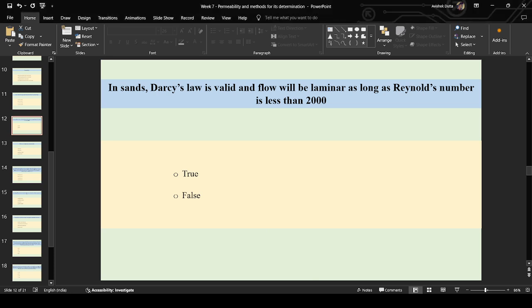In sands, Darcy's law is valid and flow will be laminar as long as Reynolds number is less than 2000. Is this statement true or false?